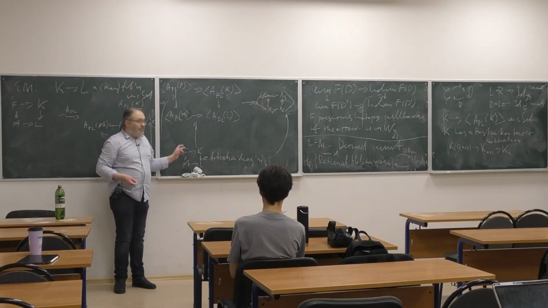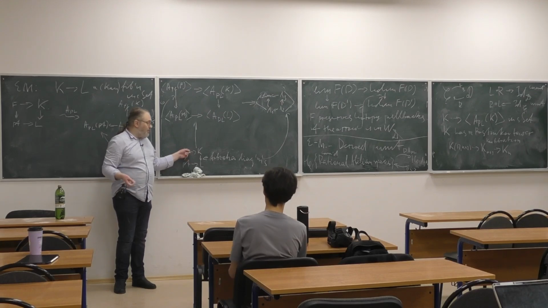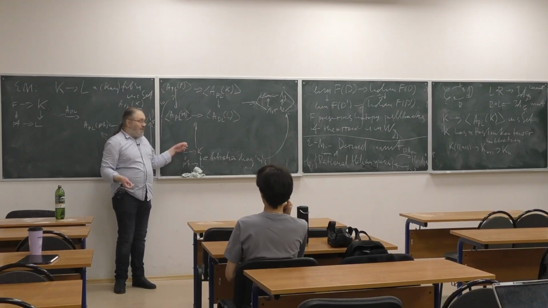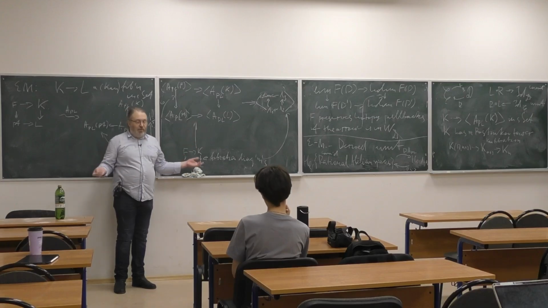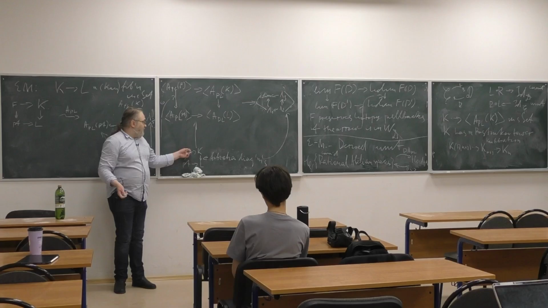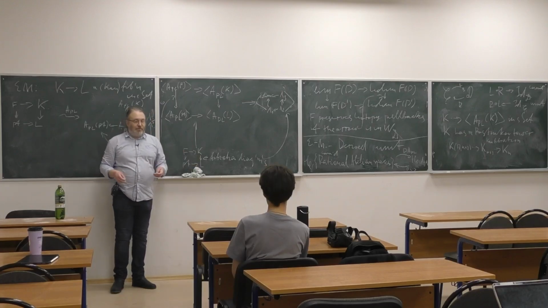If we have an arbitrary commutative diagram, we also have a map from the limit to the homotopy limit. For an arbitrary diagram like this, maybe not Cartesian at all, we have a map from F to the homotopy limit. But this map may or may not be a weak equivalence. If the map is a weak equivalence, we say that the diagram is a fibration diagram.